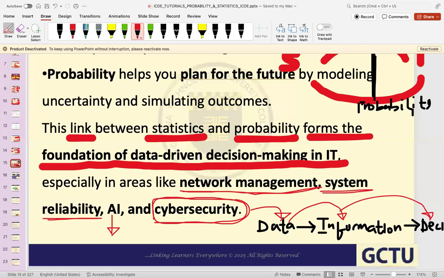If you have time, read on foundation of data-driven decision making in IT, or look for areas such as network management, system reliability, artificial intelligence, and cyber security, because you need to have knowledge in these areas in order to appreciate the course. It was a recommendation, not necessarily an assignment, just to enhance your knowledge in what we are doing.